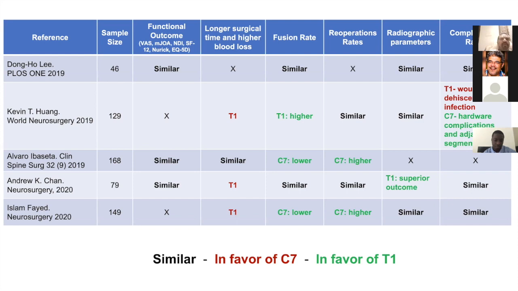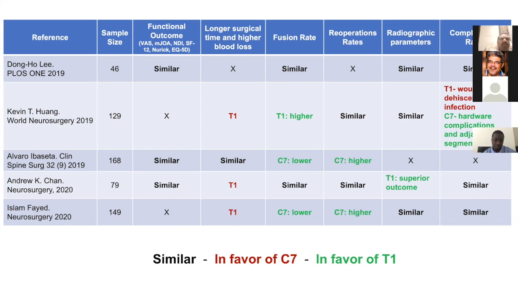So we can see that functional outcome is pretty much similar in those papers. As Michael already reported, longer surgical time and higher blood loss are presented mainly in favor of C7.